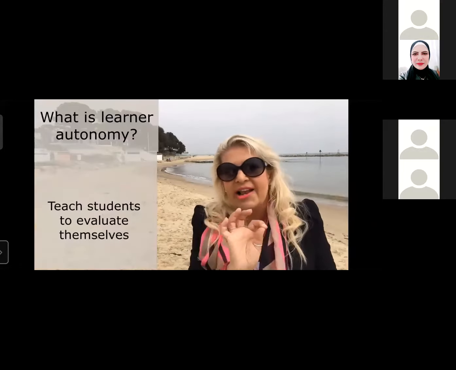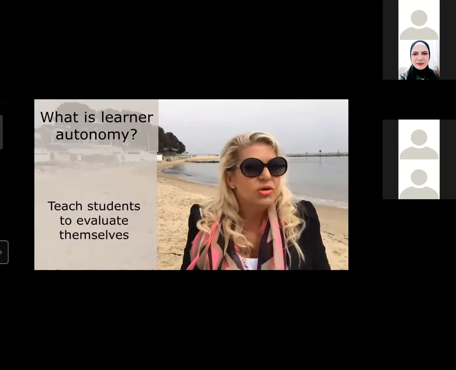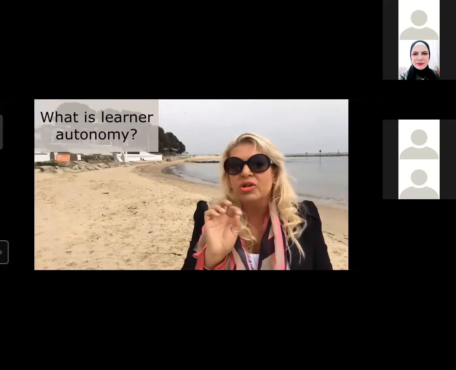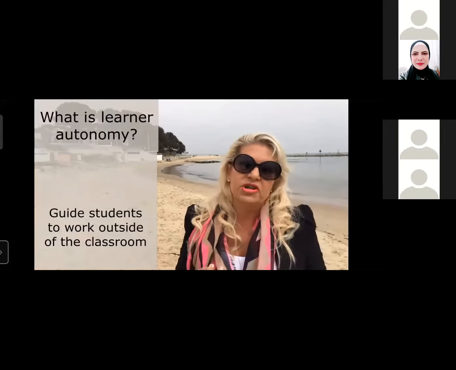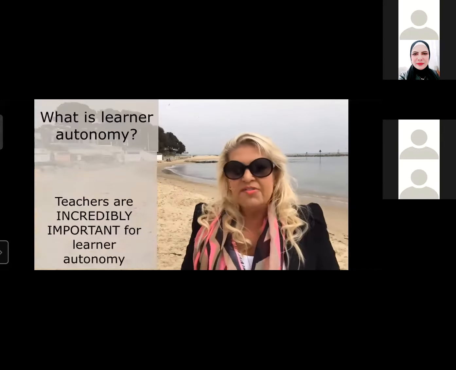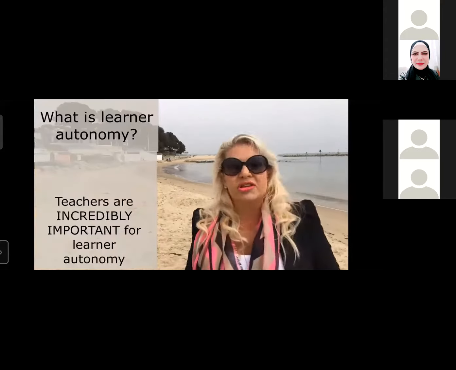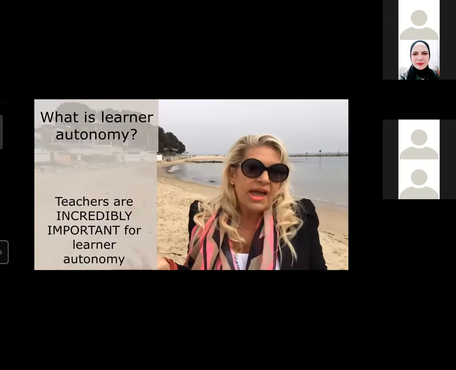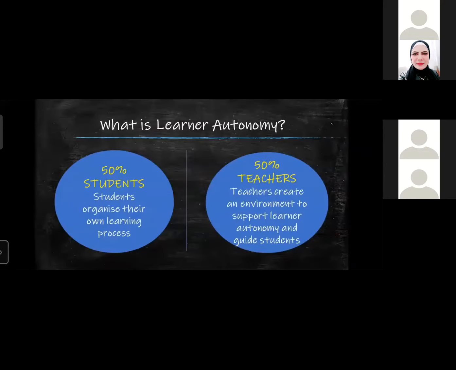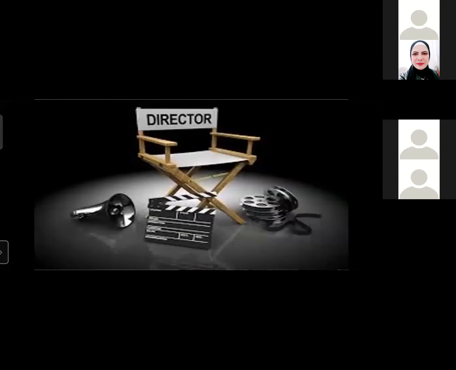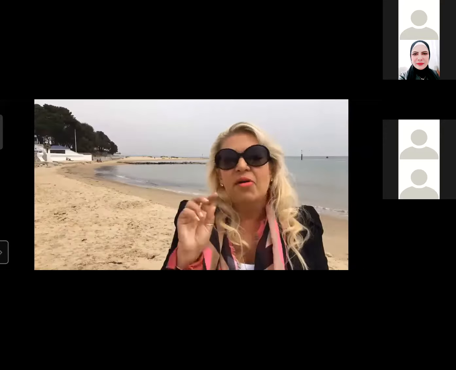You will be teaching students to evaluate themselves and what to do to improve. And you will guide students to work outside the classroom too, to build on their English. So you teachers are incredibly important for learner autonomy. It just can't be done without you. It is you, the teachers, who will help and guide your students in doing this. Show them the way. You're the leader, the director, and the empowerer.